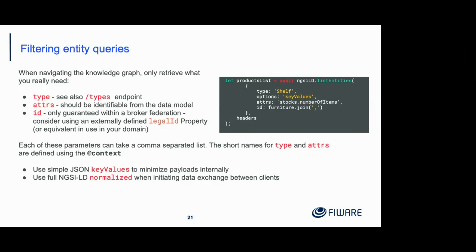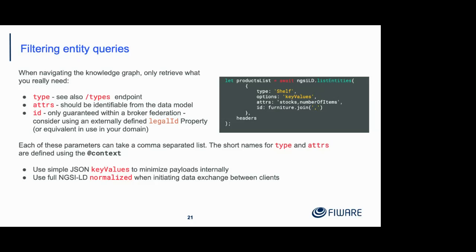Attrs again should be readily identifiable from your data model as to which ones you want to have here. My thing stocks in this particular case, what does this shelf stock, is actually a relationship. So I'd want to get hold of the next product in the product list.